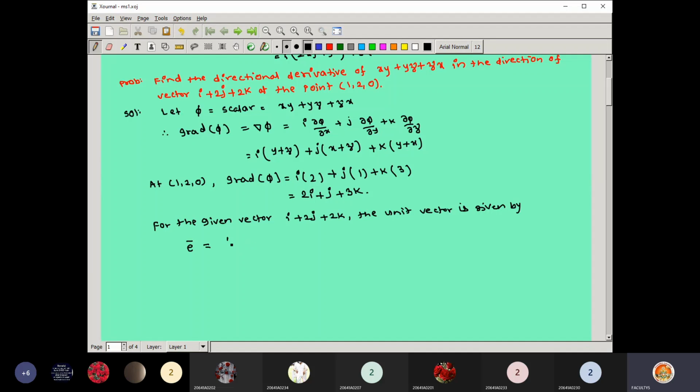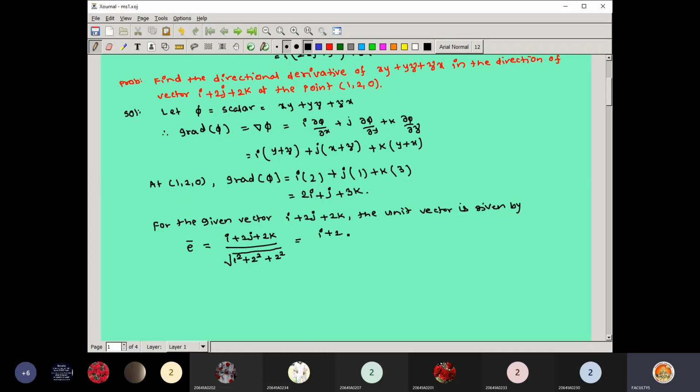Write down the same vector as it is, i plus 2j plus 2k, total divided by the norm. Norm is nothing but modulus, which is the square root of the sum of the squares of the coefficients of i, j, k. So the i coefficient is 1, its square 1 squared, plus the j coefficient 2 squared, plus the k coefficient 2 squared.